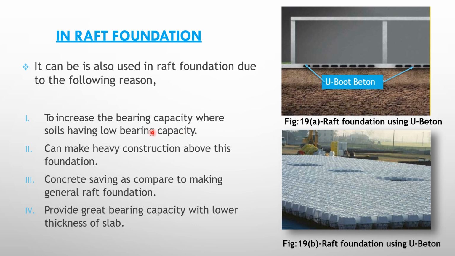It can support heavy construction above this foundation, so any type of heavy construction can be built above this. Then there is concrete saving as compared to making a general raft foundation, so concrete is majorly saved in this type. It also provides great bearing capacity with lower thickness of the slab.